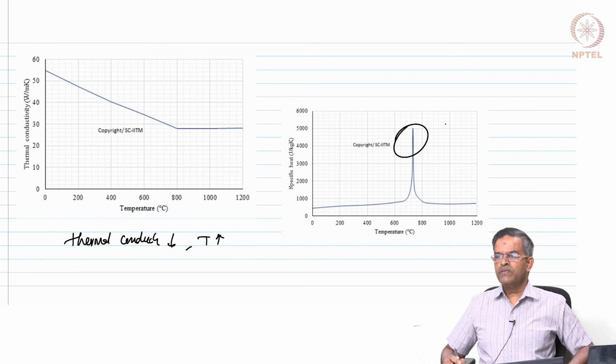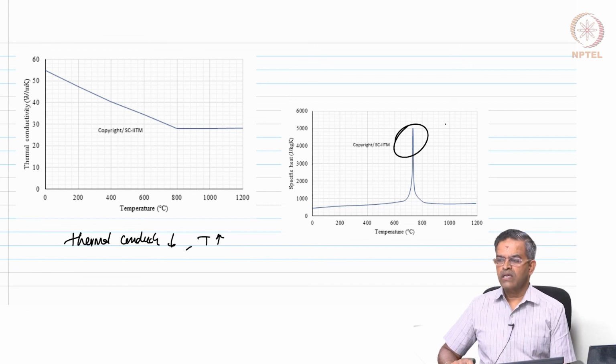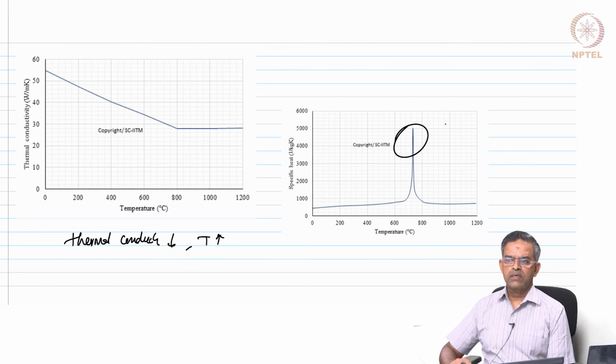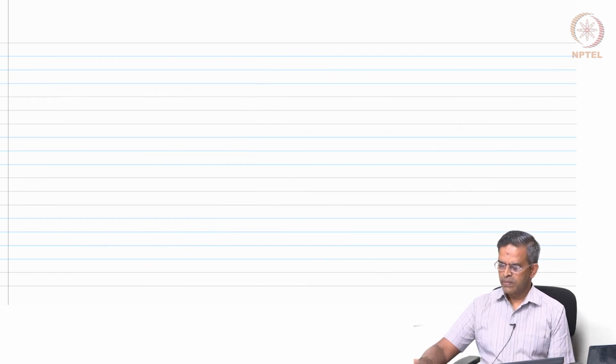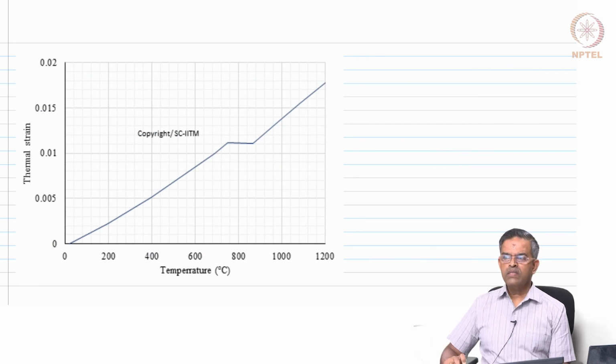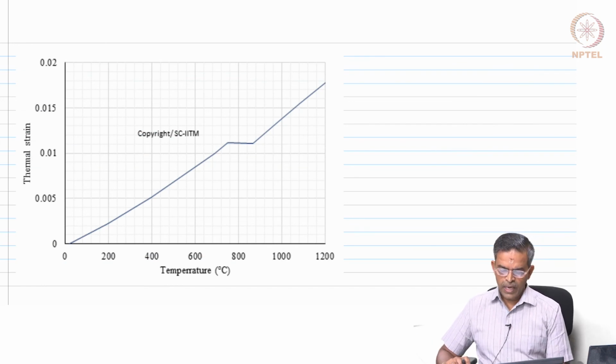So, these properties of steel which were discussed in the earlier lectures are only helping you to rebrush the constant characteristics of steel with respect to time and temperature. Furthermore, if you look at the thermal strain, it keeps on increasing with increase in temperature.